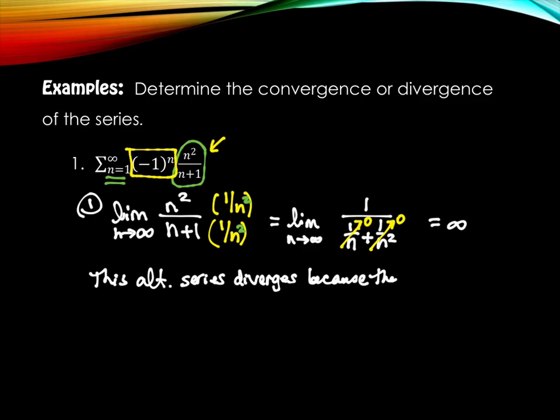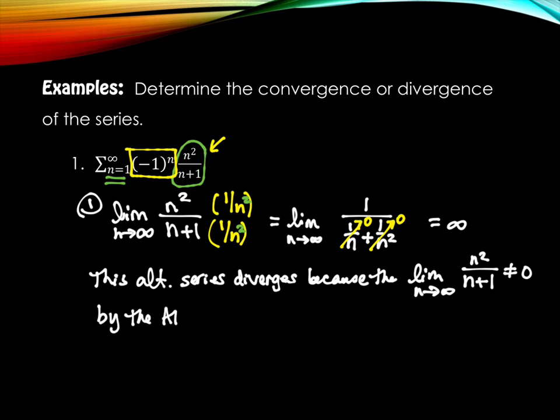Let me say my limit. The limit as n goes to infinity of n squared over n plus 1, it's not 0. Now that's the kicker, right? It's not 0.